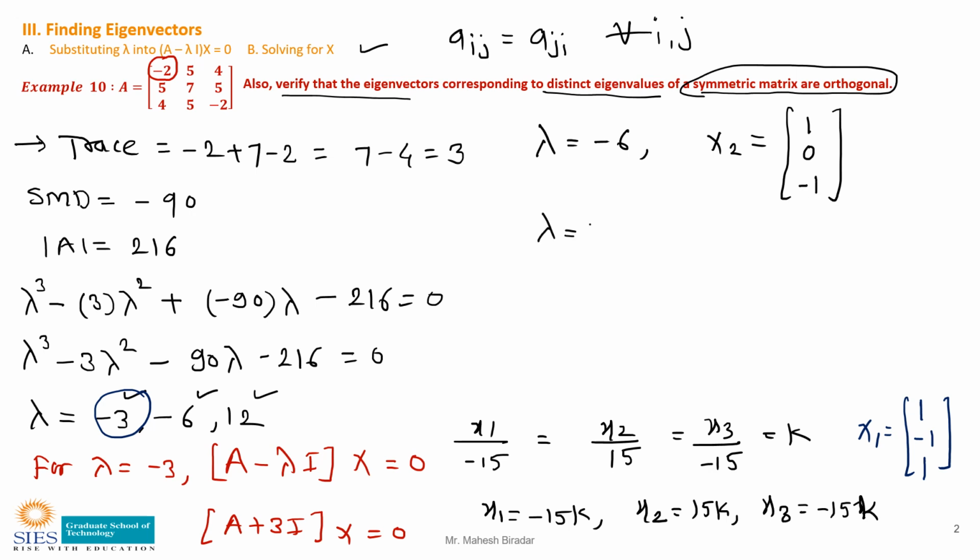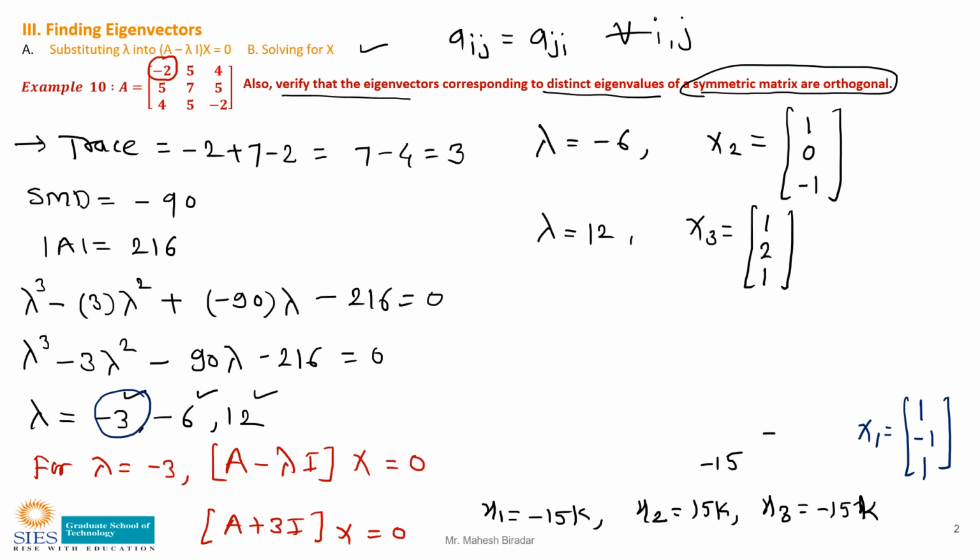Similarly, for lambda equal to plus 12, x3, which is the third eigenvector, is 1, 2 and 1. So these are three eigenvectors associated with distinct eigenvalues of a symmetric matrix.